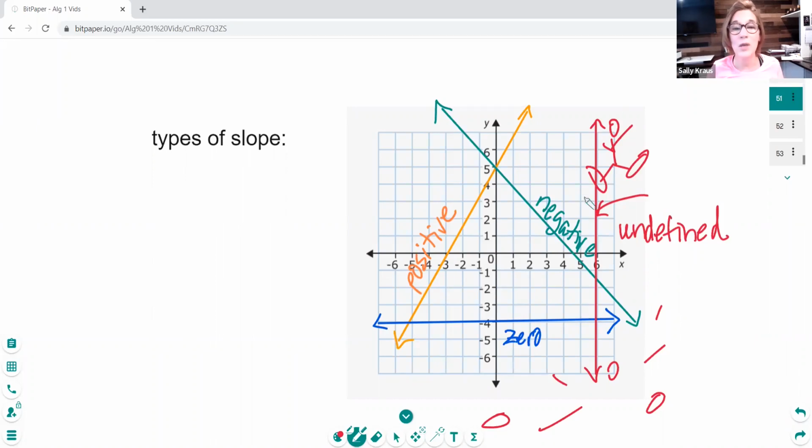It really does help. So the orange line going left to right is going up, that's positive. The green line going left to right is going down, that's negative. The blue line is cross-country skiing, and it is 0 fun. And the red line is me going down the hill, and at the bottom of that type of slope, I would be undefined. So that's how you can remember that.